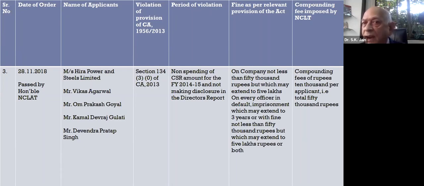But in this case, what happened? The company had not spent the CSR amount, and the board of directors in their report has not given any reason for not spending the CSR amount. So there was a violation. If they had given reason for not spending the amount in their report, then it would not have been treated as violation. Now, what is fine as prescribed under the Companies Act 2013?